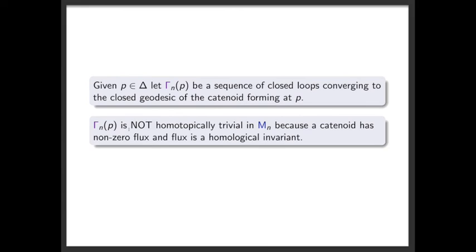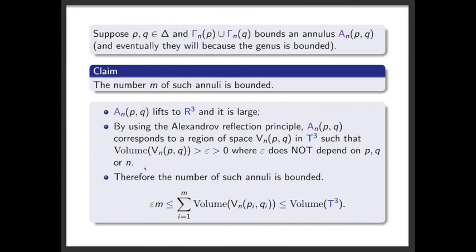It's not homotopically trivial in Mn because the flux is homologically invariant. If it were bounding a disk, then it would be 0, but the flux on a catenoid is not 0.